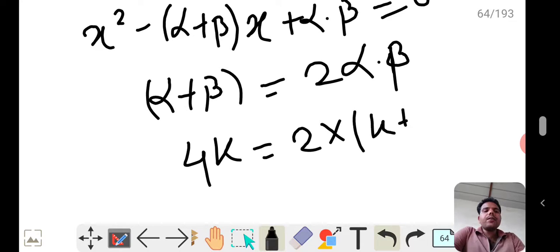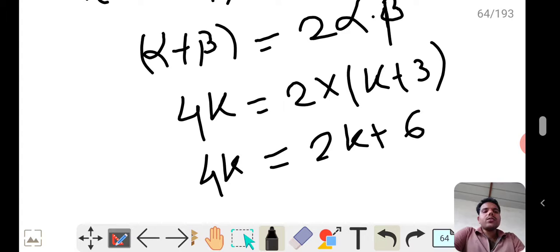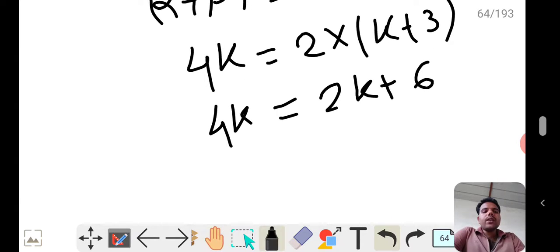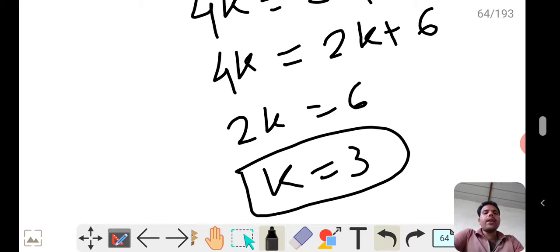So this is our required equation to find the value of k. By solving this we get 4k is equal to 2k plus 6, so 2k is equal to 6, that is k is equal to 3. This is the value of k.